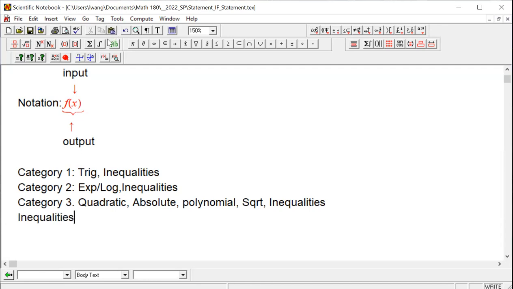So when we get to inequalities such as greater than, greater than or equal to, less than or equal to, not equal, how would these have anything to do with functions? We're going to talk about those too.